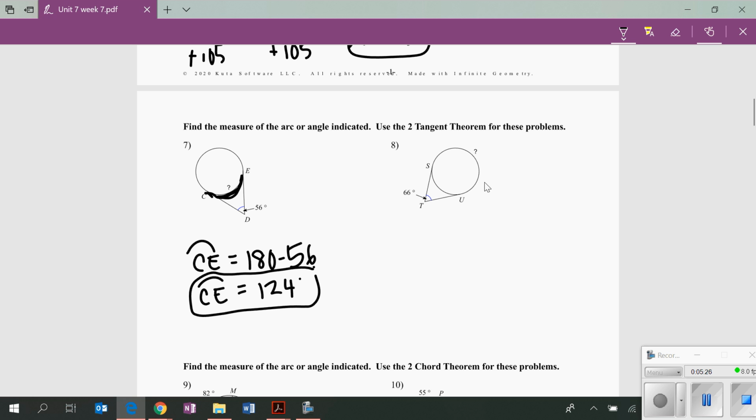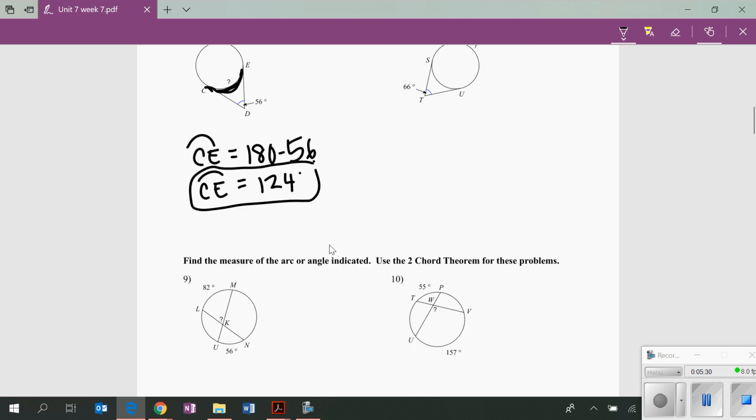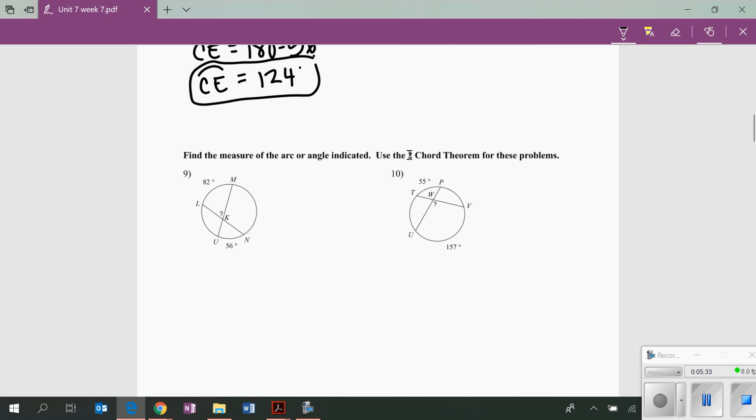Similar thing, but you're going to solve for your major arc on that side. Now we're using our two-chord theorem, so solving for this angle right here.